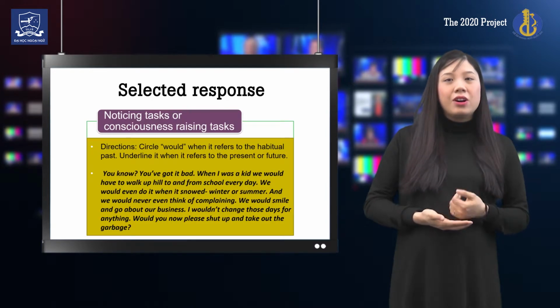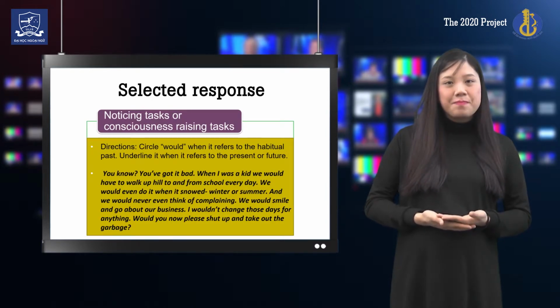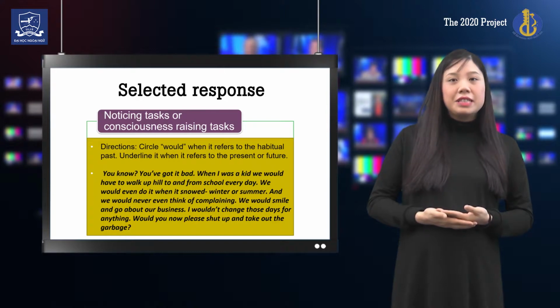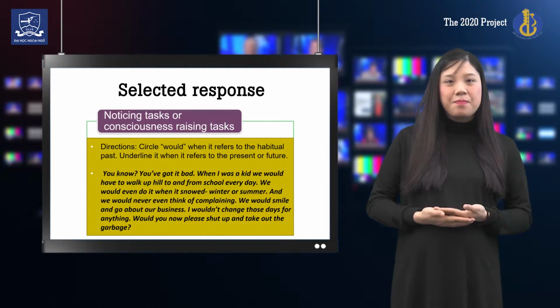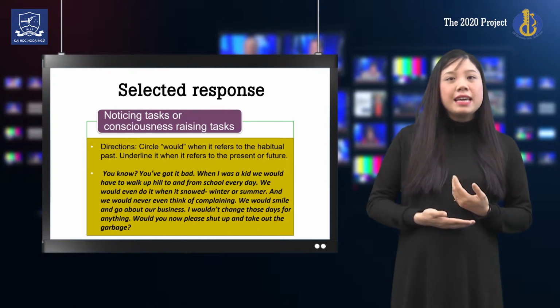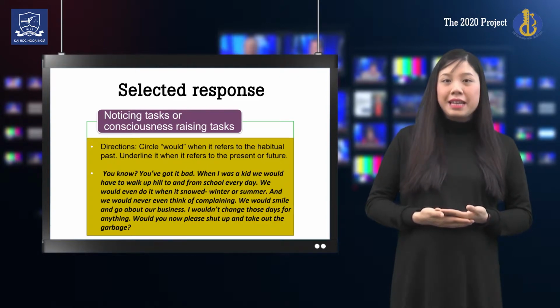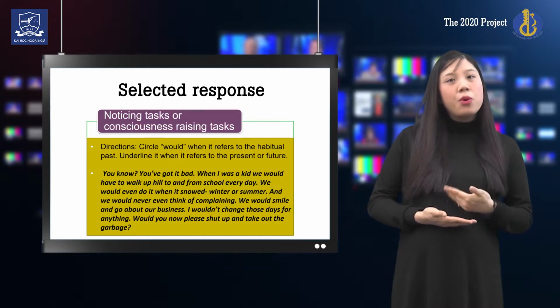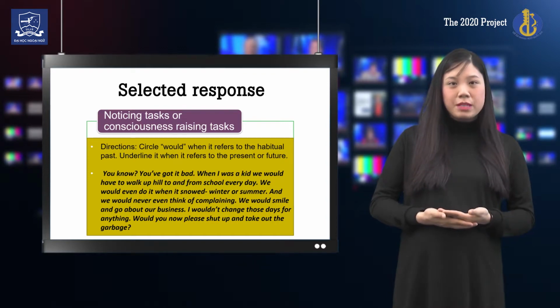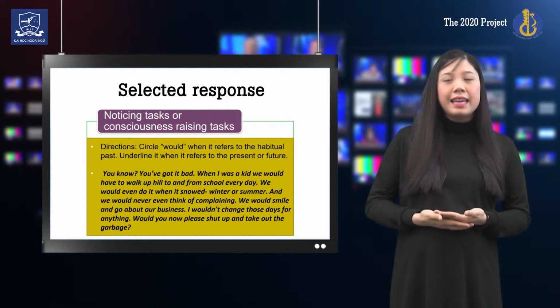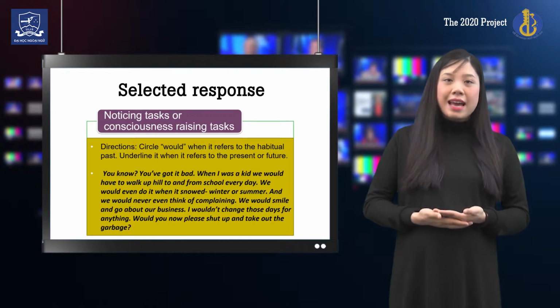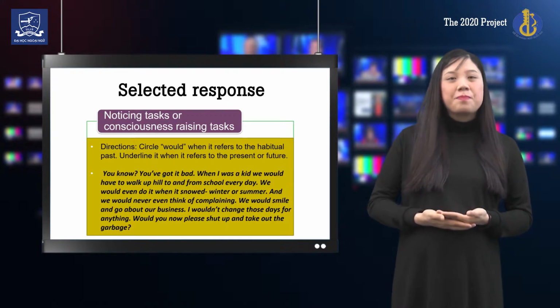Noticing tasks, or consciousness-raising tasks. These tasks contain a wide range of input in the form of language or non-language, and are considered particularly helpful for learners. By attending consciously to form and/or meaning, learners become aware of the existence of specific language features in English, according to Ellis in 1997.